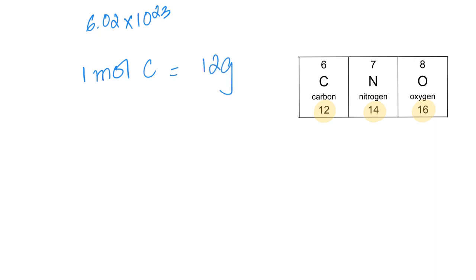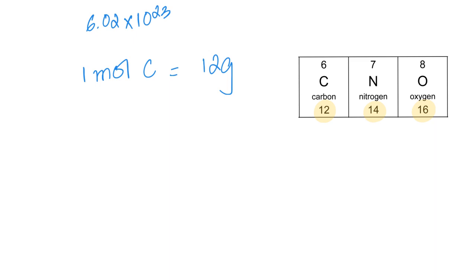Exactly 12 grams. Why? Because that's what it means. 1 mole will be equal to the MR of any product. 1 mole of nitrogen will be exactly 14 grams. 1 mole of oxygen atoms will be 16 grams, right? Not molecules. We haven't talked about molecules yet. Okay?